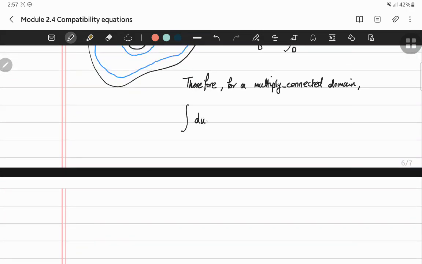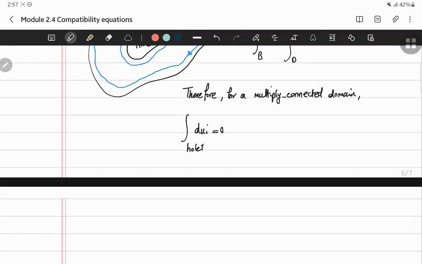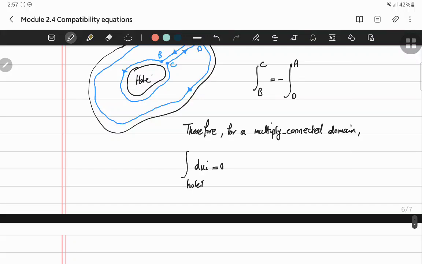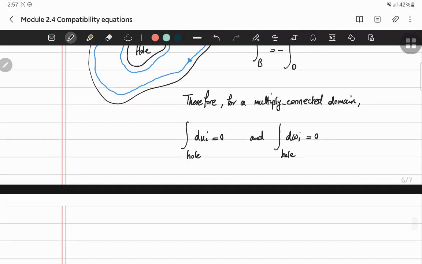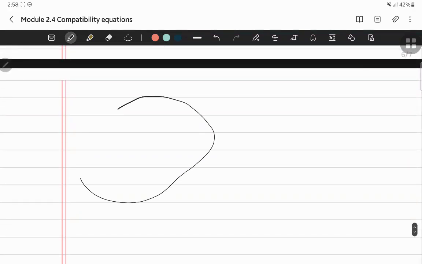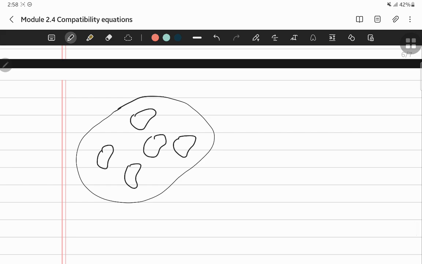The integral of dui should be equal to 0 on the irregularity, because here we are moving around the irregularity. This is hole 1, for example, simply a hole. And the rotations should also be 0. Wi on the hole should be 0. Or suppose you have a domain where you have a number of holes, like 1, 2, 3, 4, and 5.